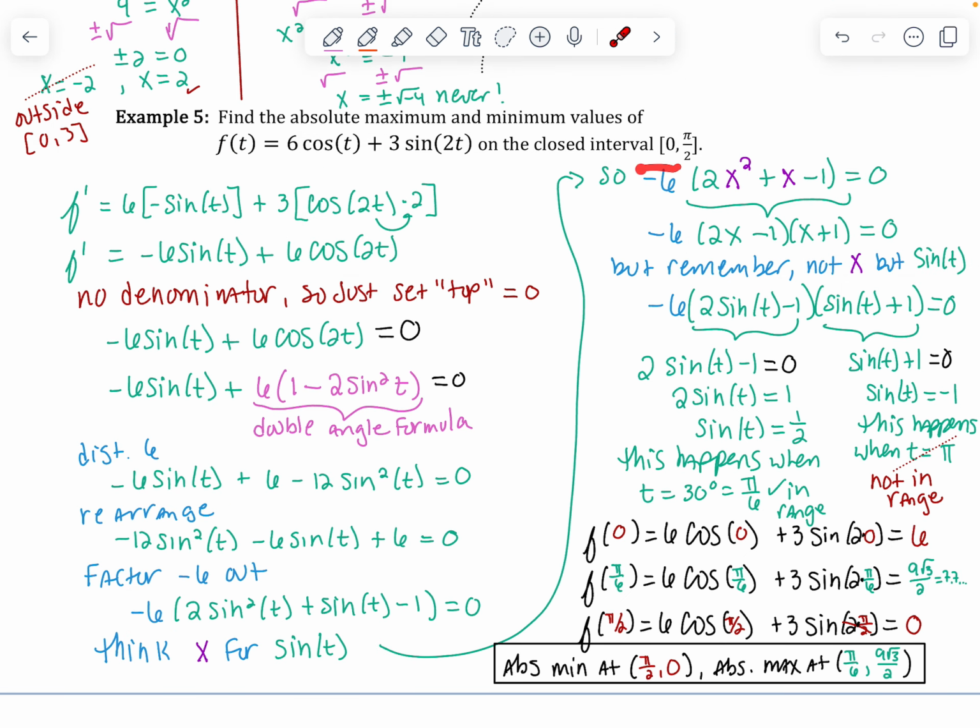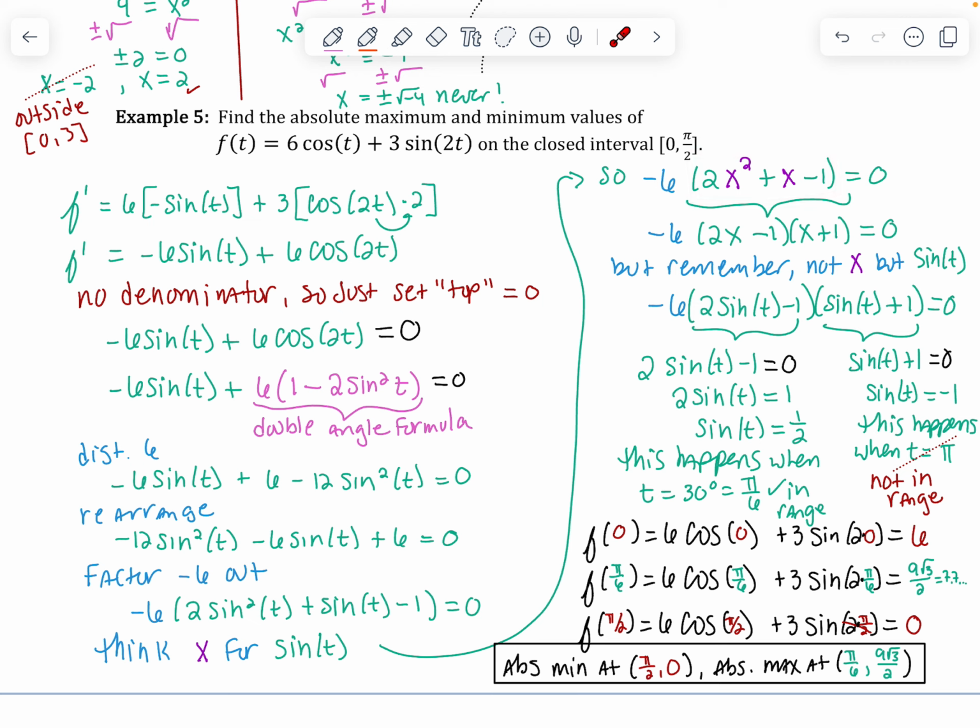So I still have my negative 6 factored out, GCF, but instead of 2 times sine of t squared, I'm replacing sine of t with x, so I have 2x squared, plus x, minus 1.